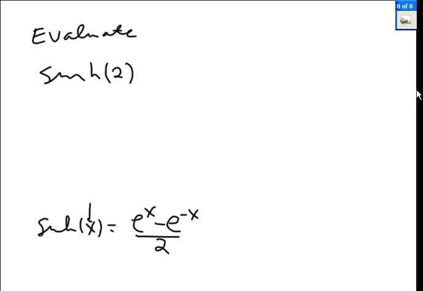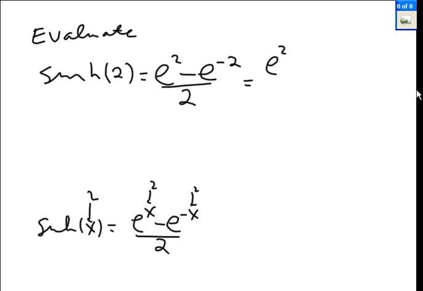Well, if they plug in 2 for x, how about we do the same? We get e squared minus e to the negative 2 over 2. That's the exact value. You don't want negative exponents? Then it'll be e squared minus 1 over e squared, over 2.